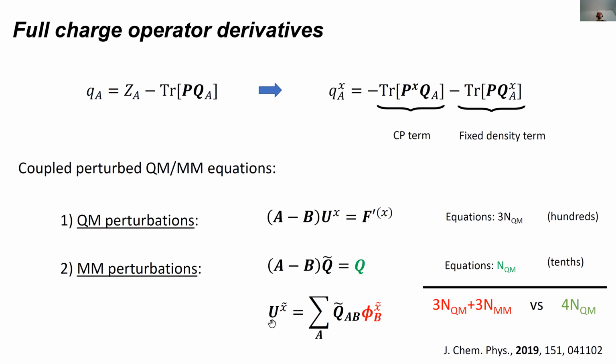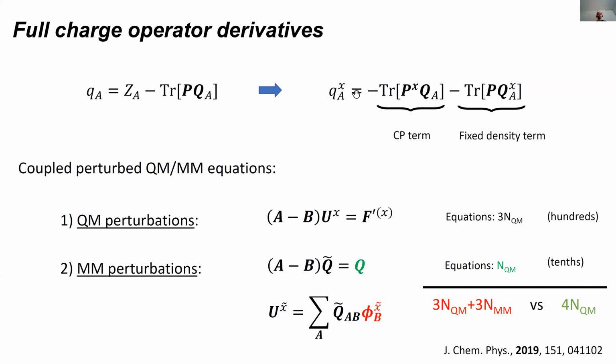And in that way, we reconstruct the rotation matrix that is used to build the derivative of the density matrix with respect to the MM atoms. So with this simple trick, we work around this bad scaling of the number of coupled perturbed equations, and we only have to solve now 4 times the number of QM atoms, which is usually a small number.